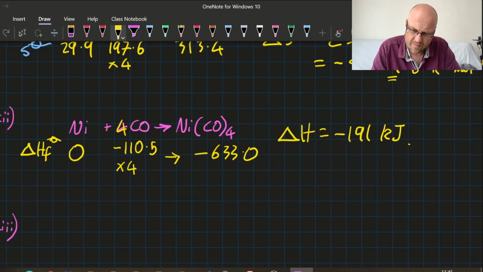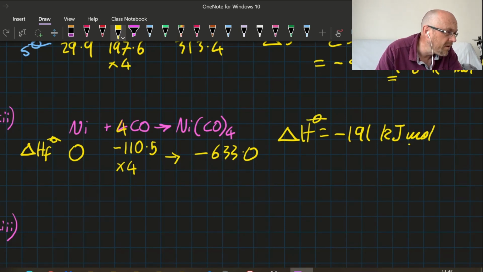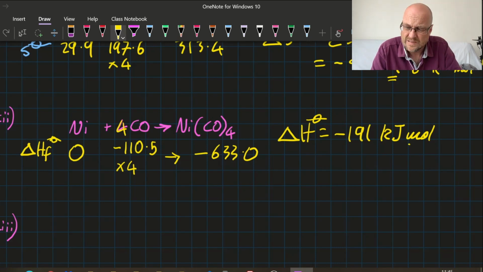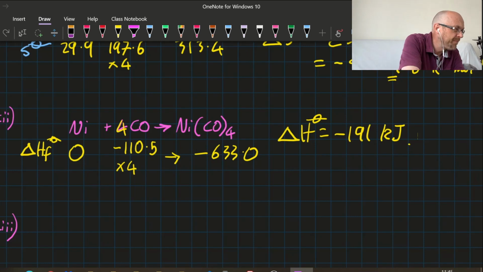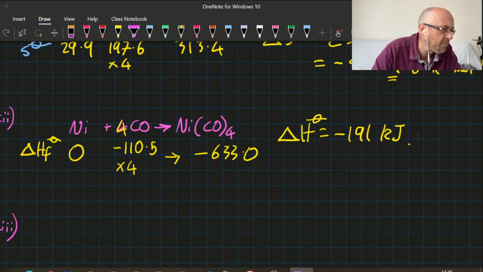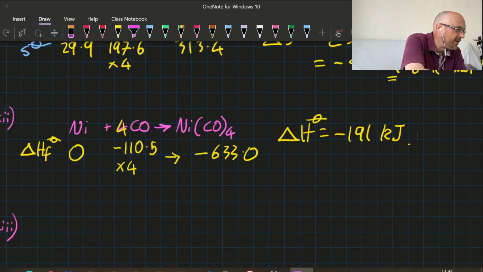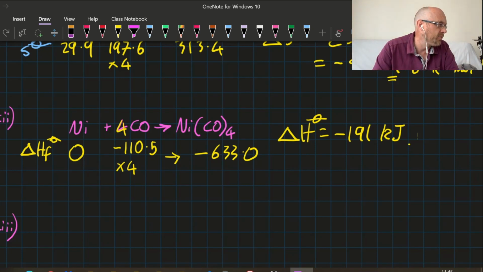That's kilojoules per mole. Actually, kilojoules. Oh, it says in kilojoules. Would I have lost a point for screwing that up? No. Don't think so. Next up, use your answers to work out.